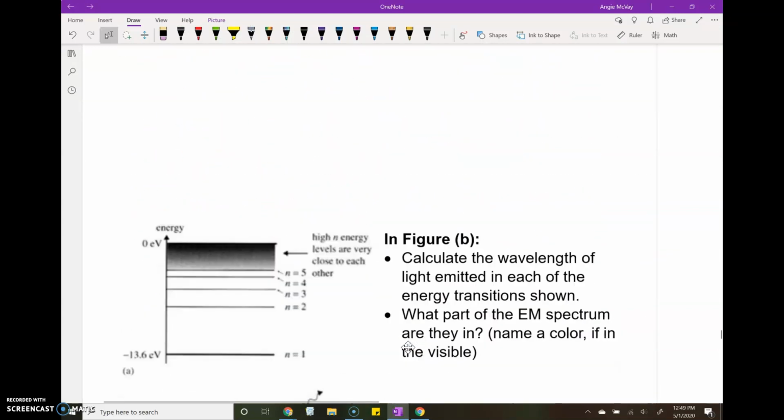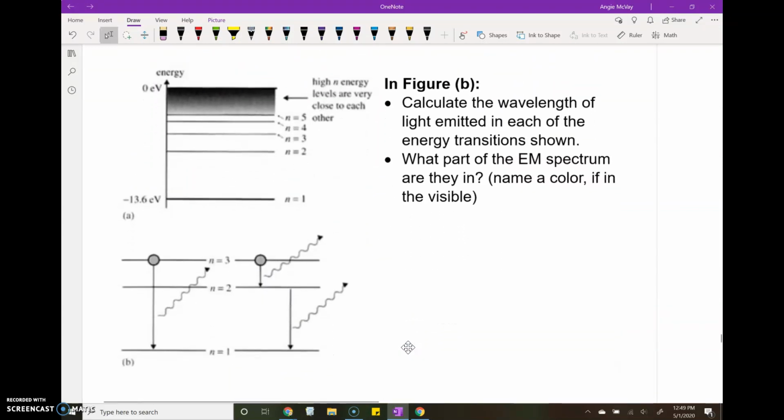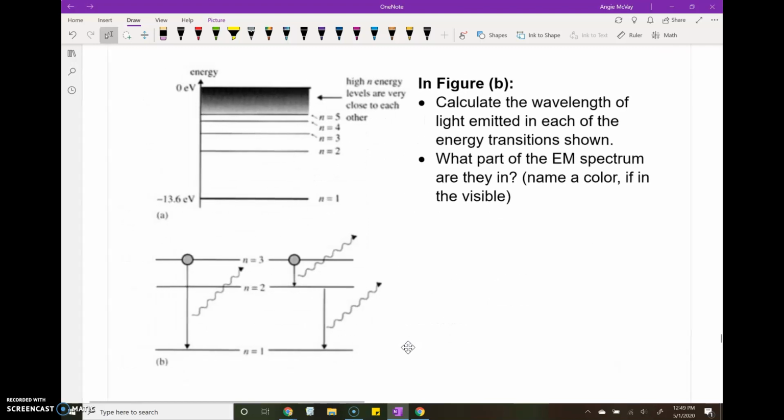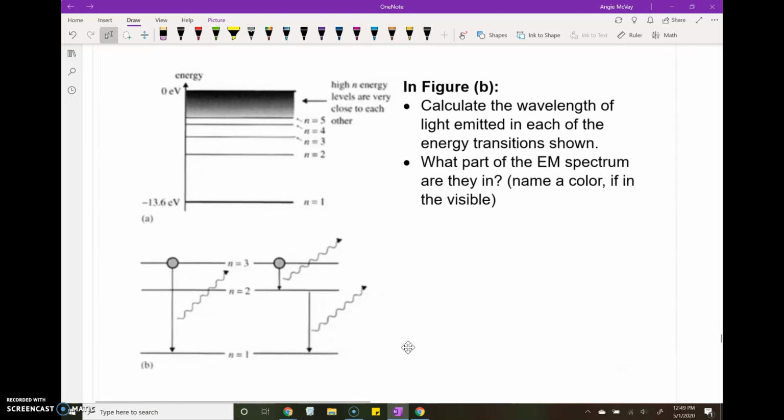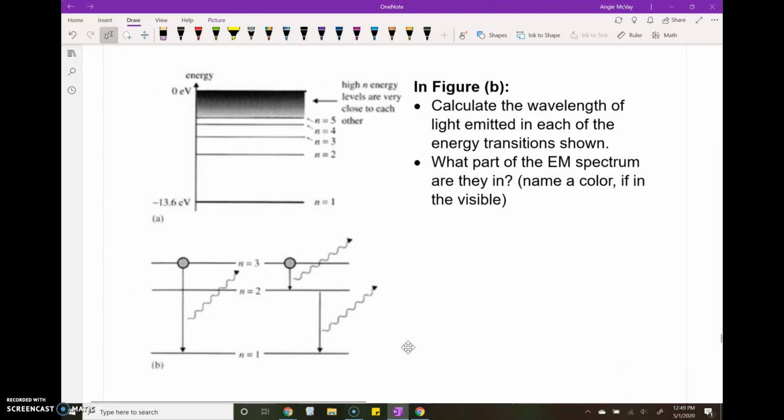All right. So let's take a look at an example and see if we can apply these patterns to some problem solving. Okay. So remember we had this diagram previously of different energy levels labeled with which orbital they were described as. So n equals 1 is the ground state, n equals 2 is the first excited state, n equals 3 is the second excited state.